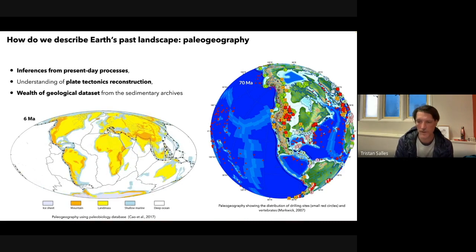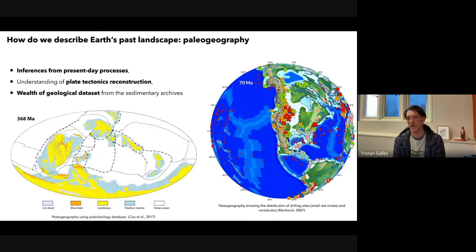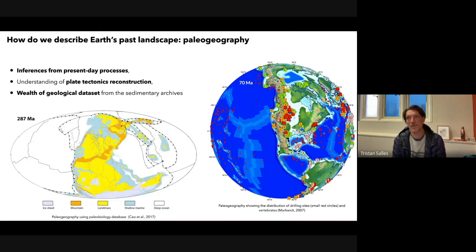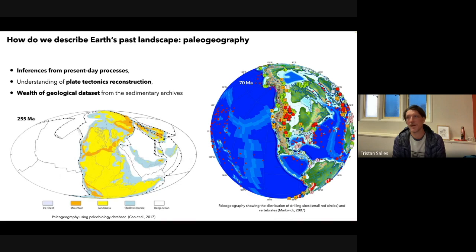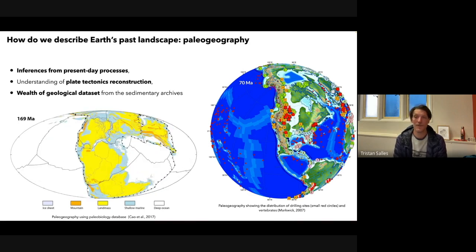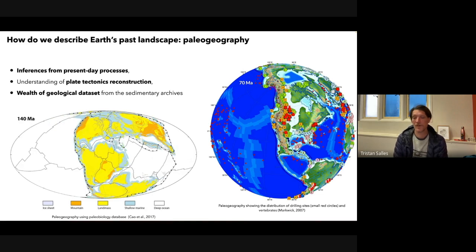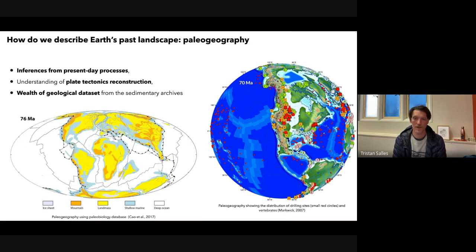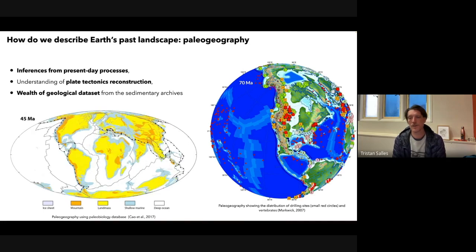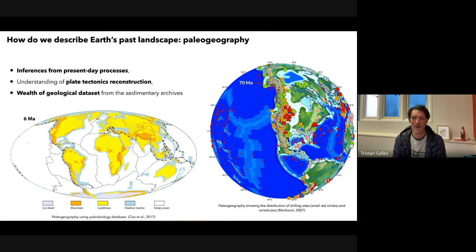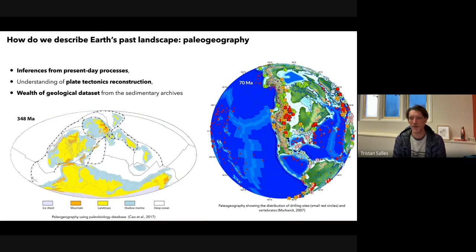To do that, we have a lot of geological data sets, but these data sets are often limited in terms of spatial and temporal resolution. So there is likely no continuous geological data, and we have to make some inference from this data.